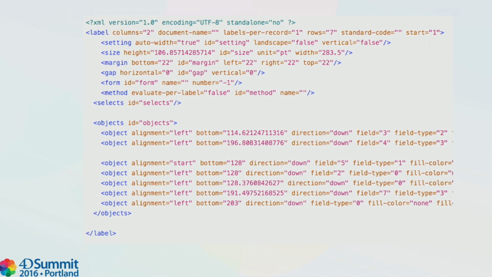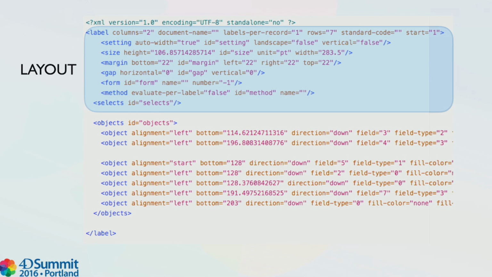So here we have the new label format. And again, it's divided. You remember that in the label editor, I had two parts, one which was the design area, and another one was the layout, right? So notice here, I have layout in one part, where I define the number of rows and the number of labels per record and the number of columns if I want to use. So there you have all the different settings, and they are quite clear.